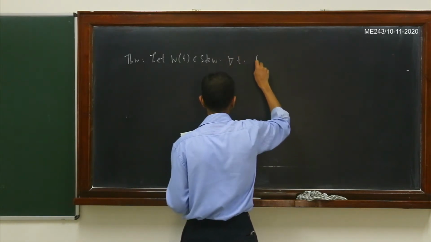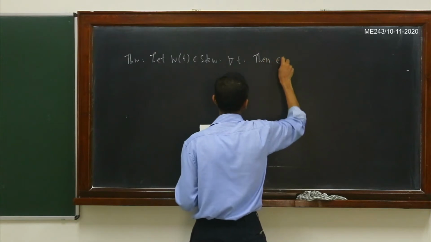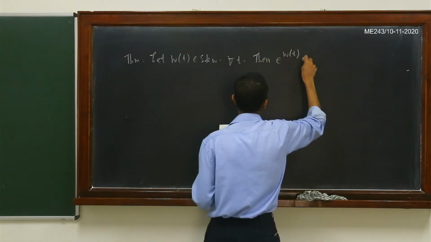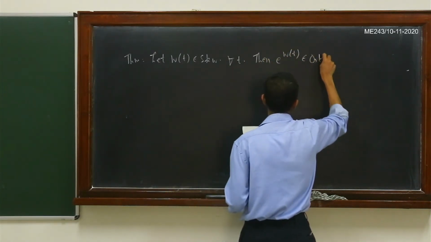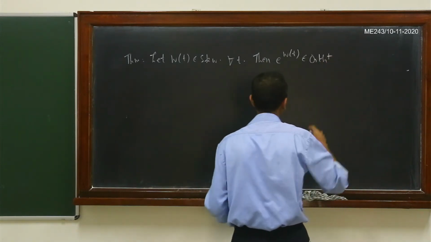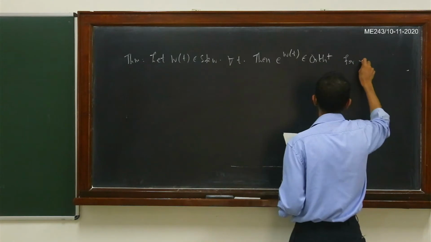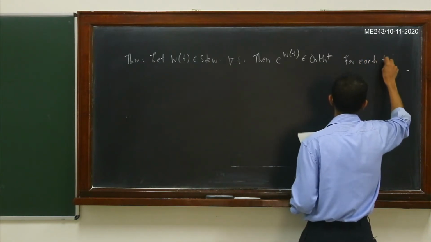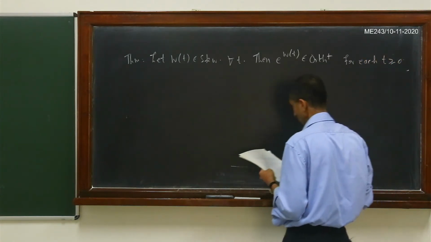Then e to the w of t belongs to orth plus, again a very nice result, for each t greater than or equal to 0.